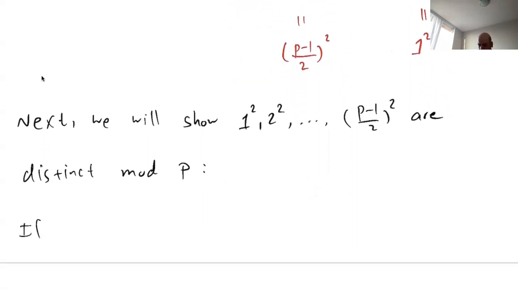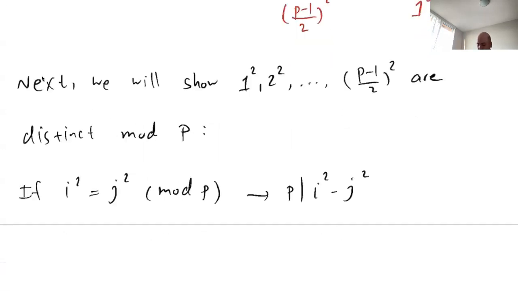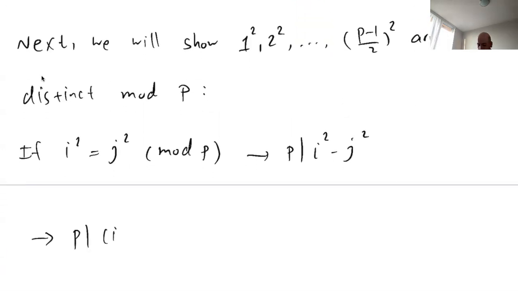So if i squared equals j squared in Zp, or mod p, doesn't matter how you write it, you can say they're equal in Zp or congruent or equal mod p, then that means p divides i squared minus j squared, right? Because then i squared minus j squared will be 0 mod p. And that means, which numbers are 0 mod p? Which numbers are 0 in Zp? Multiples of p. So that means p divides (i minus j) times (i plus j).